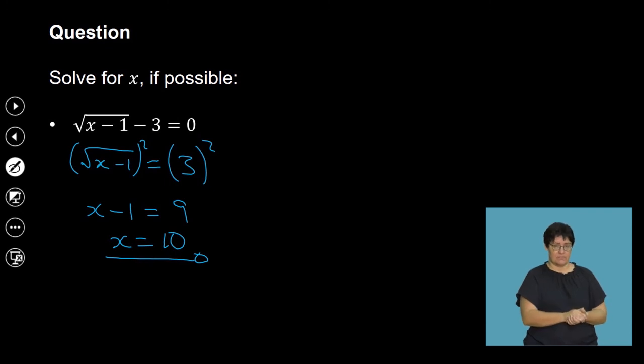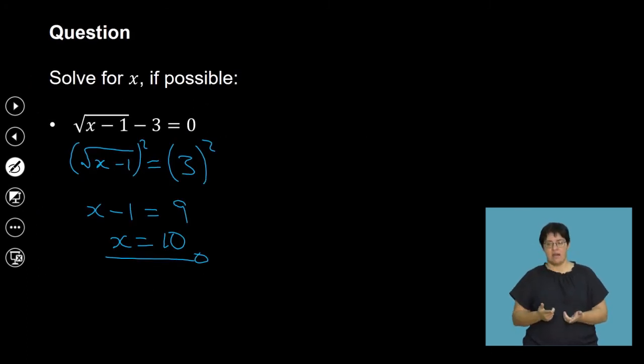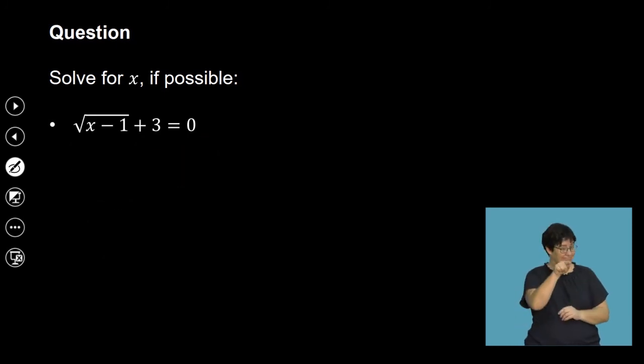Now let's go back to our principles, right? I said the root of a cannot be a negative number. So if you look at this, it is equal to a positive number. But the second example is the interesting one, right? If I simplify this, it becomes square root of x minus 1 equal to negative 3.